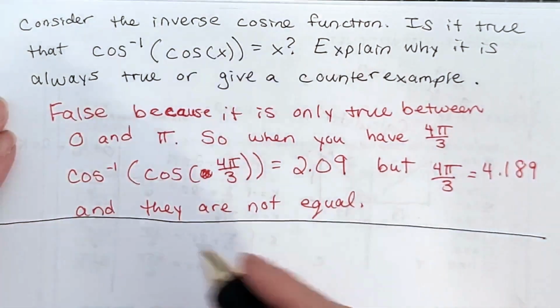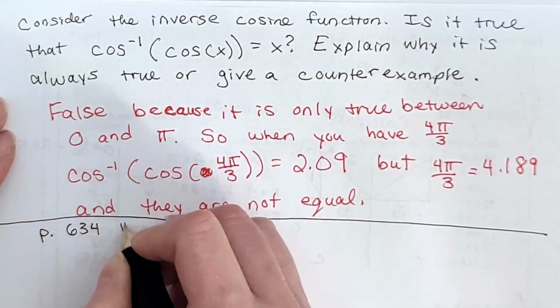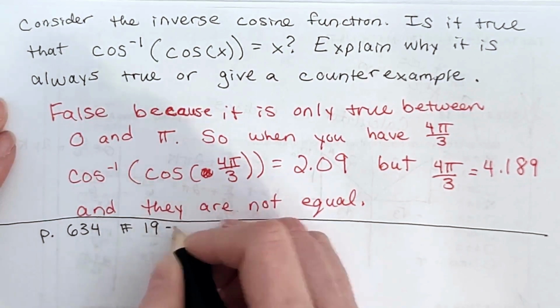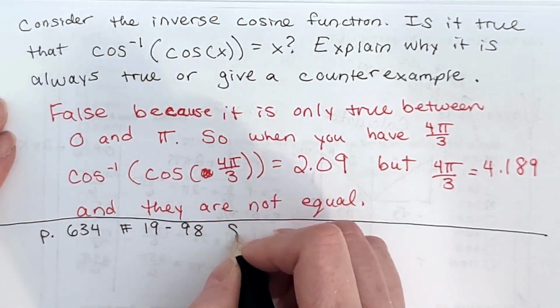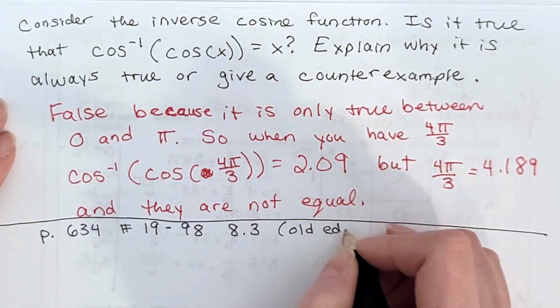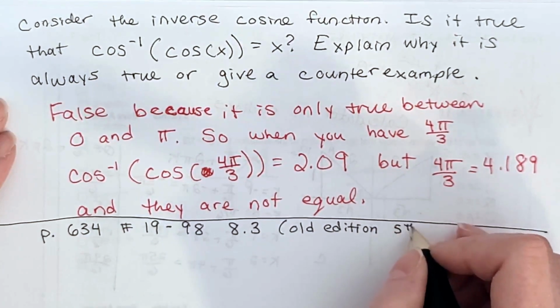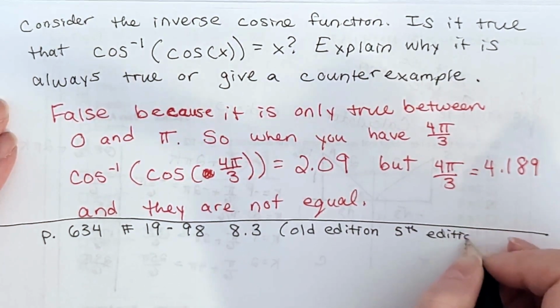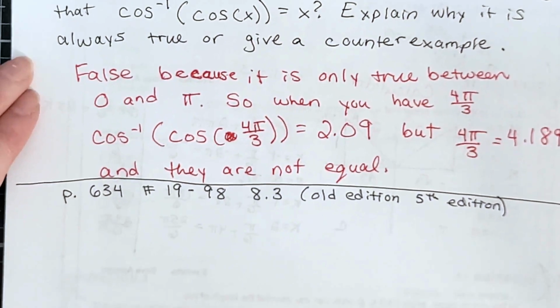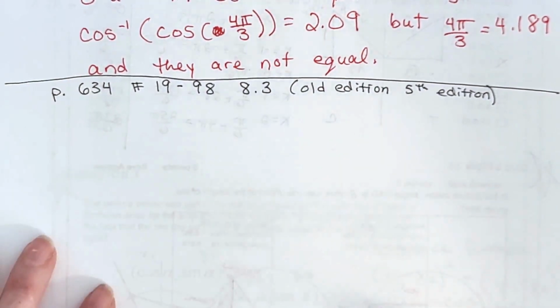Okay, next one, page 634, numbers 19 to 98. This is section 8.3 in the old edition, which is what we are using currently in class. That's the 5th edition. So this is going to be similar to other test questions.